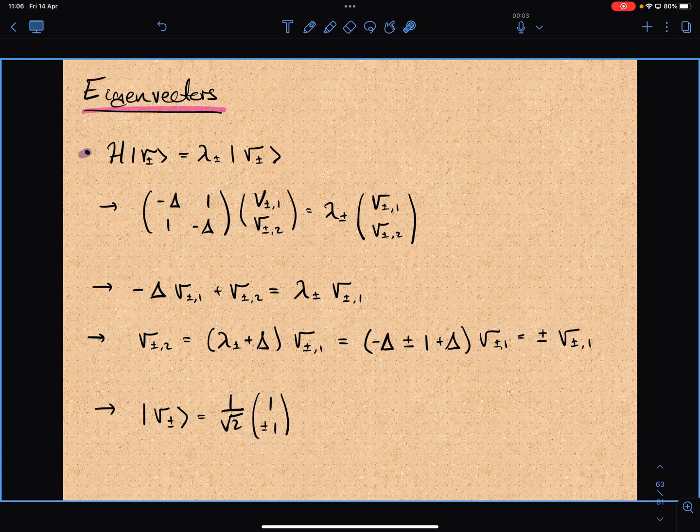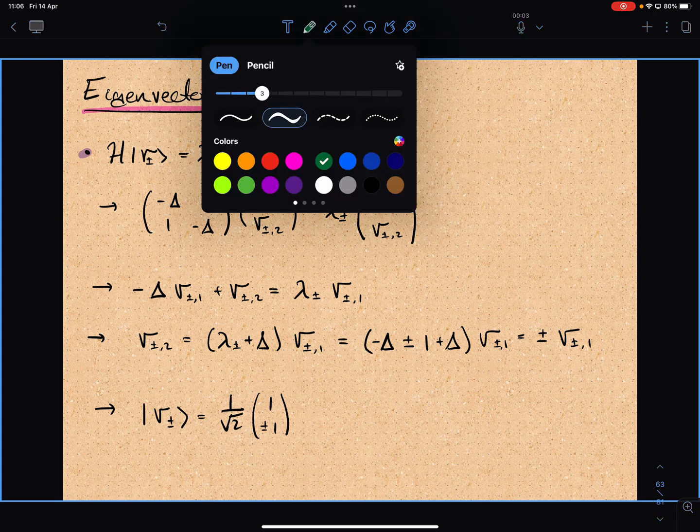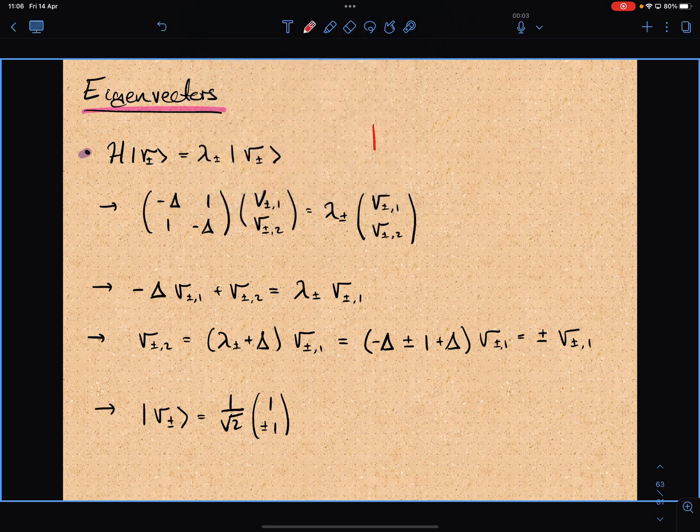Just by looking at this system of equations, and then also requiring the normalization condition, which is V plus or minus 1 squared plus V plus or minus 2 squared is equal to 1, then I actually introduce the square root, and I choose V1 to be just 1.